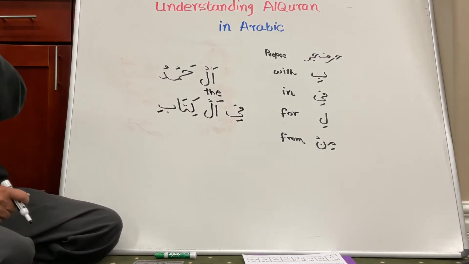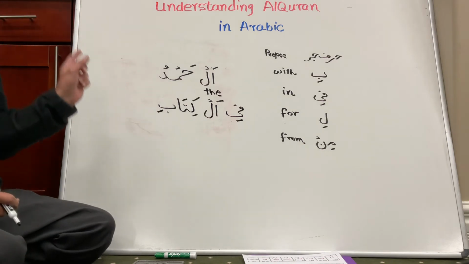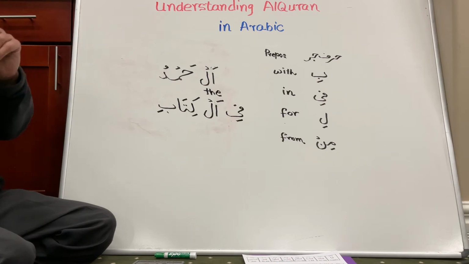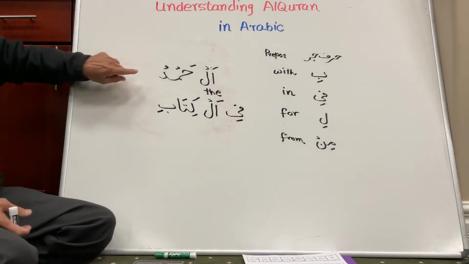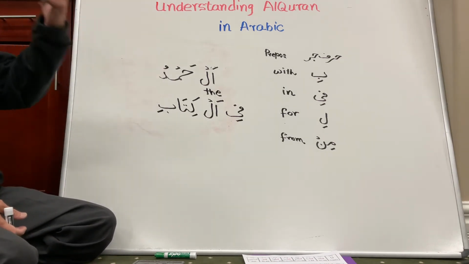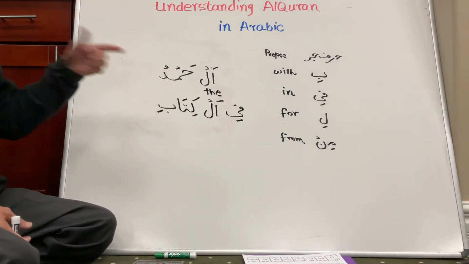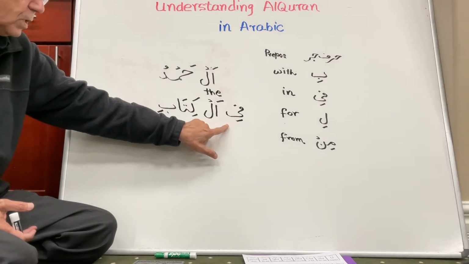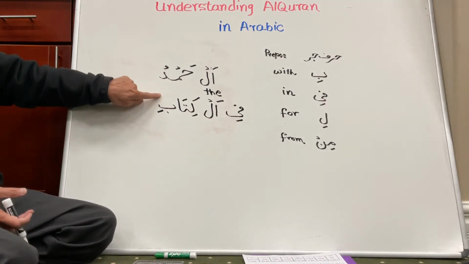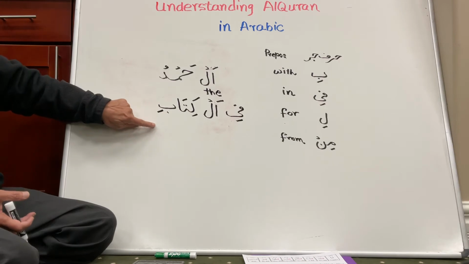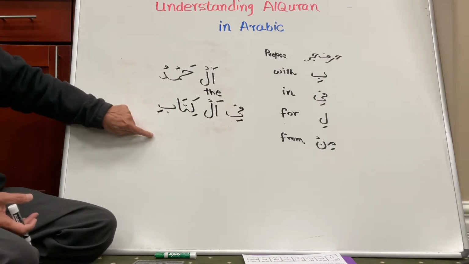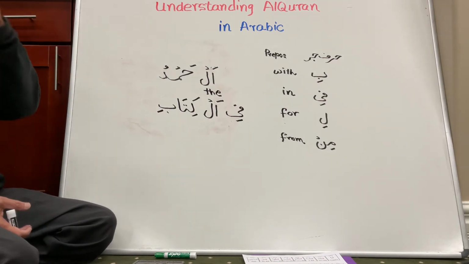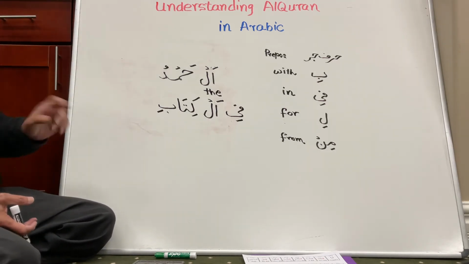So the very first thing harf jar will do is look at the next noun, and a noun will always have either one pesh or two pesh. If it is hamdun, it has two pesh. If it is alhamdu, it has one pesh. As soon as harf jar comes, it will change one pesh to one zer. If there are two pesh, it will change to two zers. Very important things. We will see this throughout the Quran.